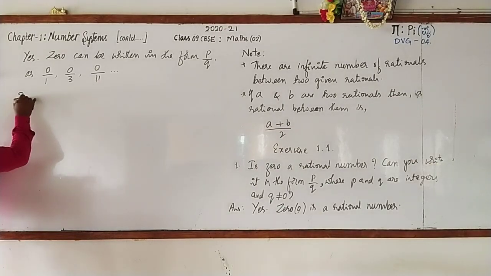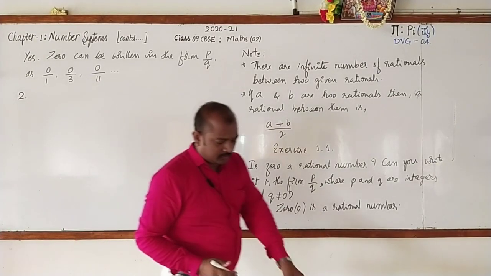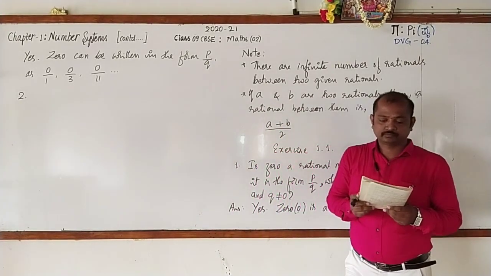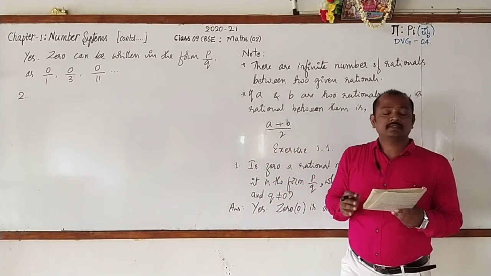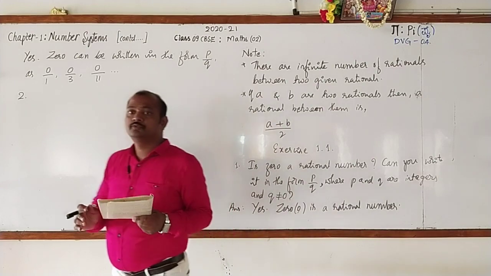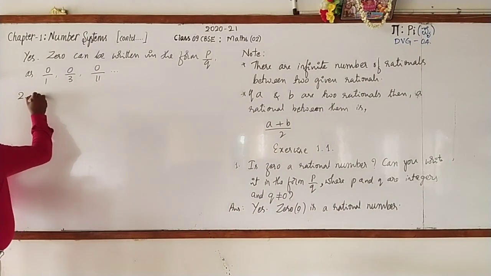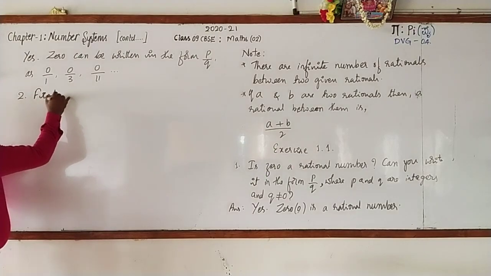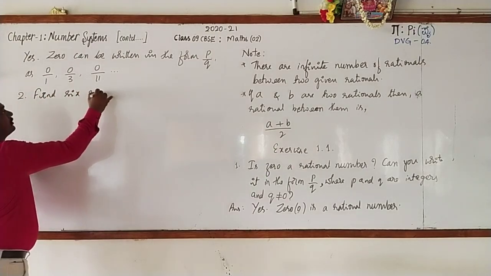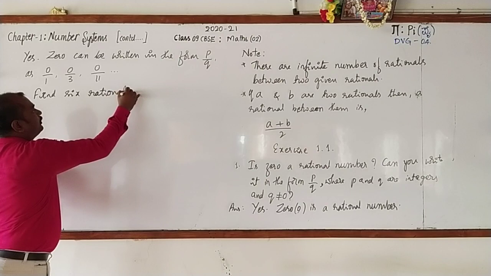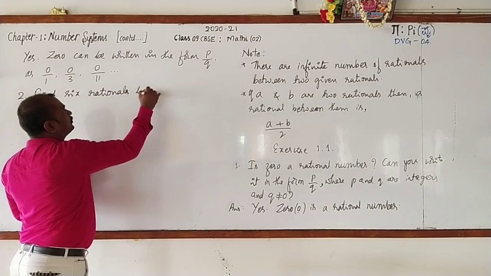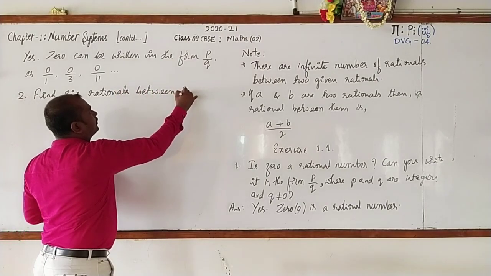Now, second. The second question is, find 6 rationals between 3 and 4. Let us write down. Find 6 rationals between 3 and 4.